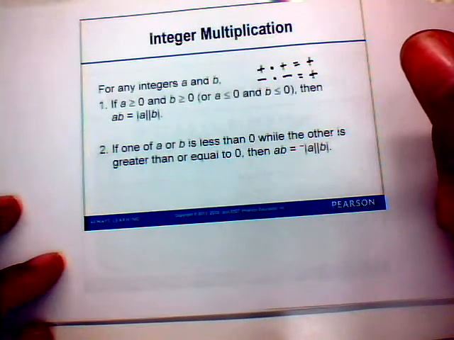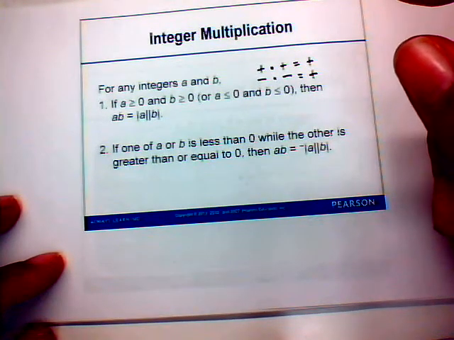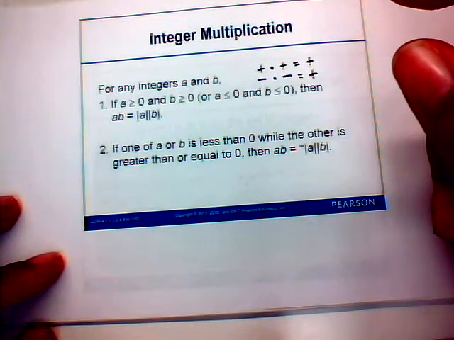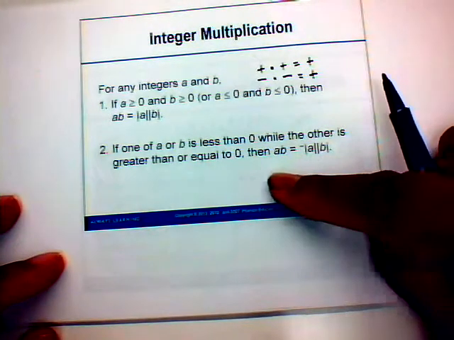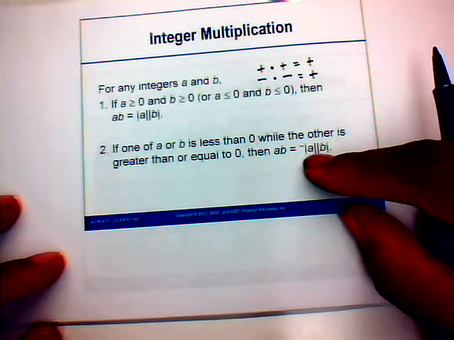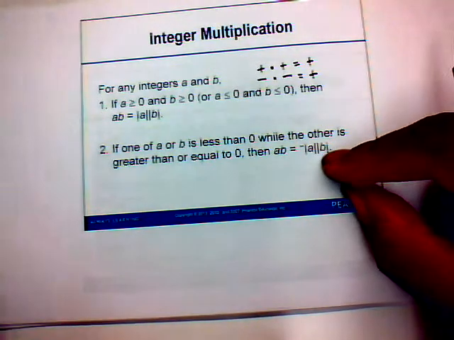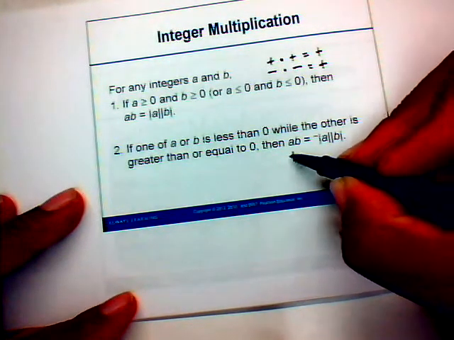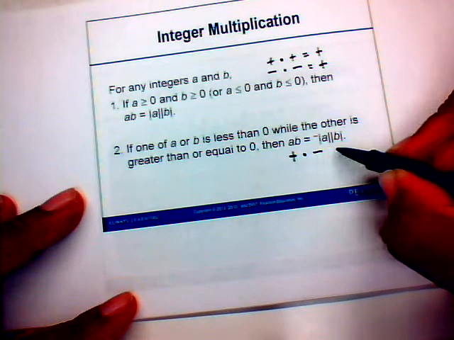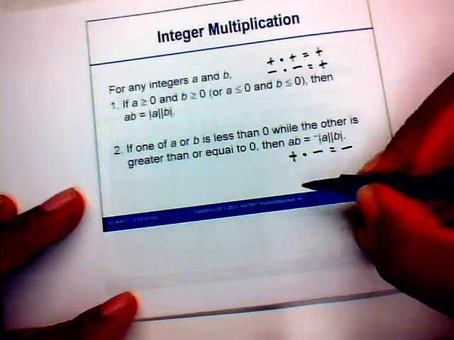And then number 2, if one of a or b is less than 0 while the other is greater than or equal to 0, then a times b is equal to the opposite of the absolute value of a times the absolute value of b. In other words, if you're multiplying two integers with different signs, it's negative.